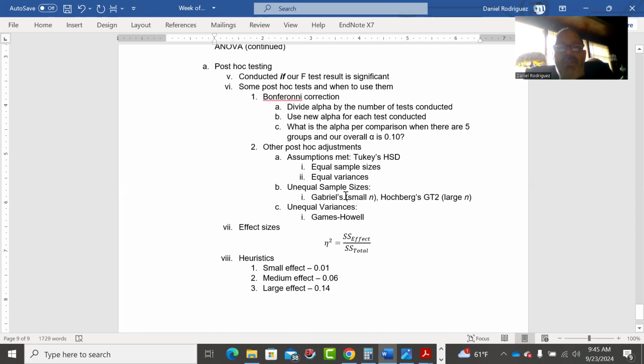If we don't have equal sample sizes, we could use either of these two. If our variances are not equal, we could use Games-Howell's test. Those are just different ways to do post hoc comparisons. But the easiest one to do, especially if you're working by hand, is a Bonferroni correction.